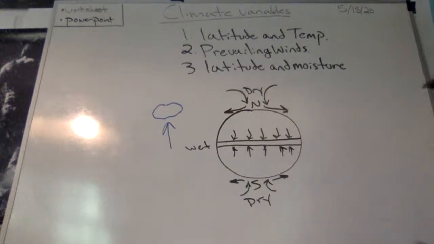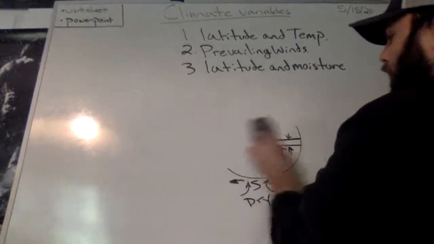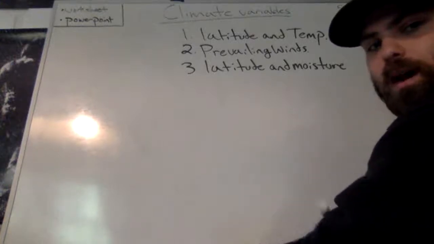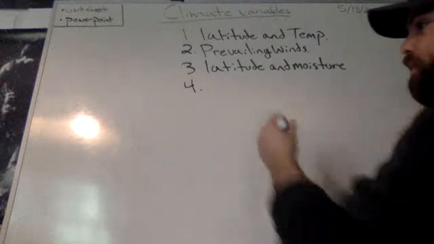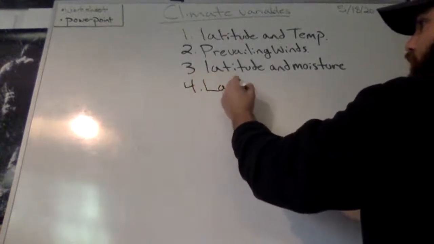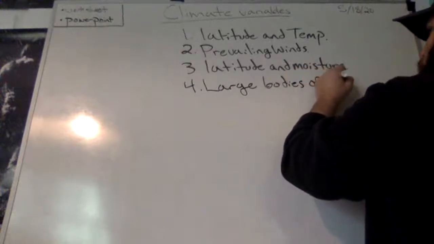All right, so the next thing we're going to talk about is bodies of water. Okay, so another thing that affects our climate, and it really is specific for us, is large bodies of water.